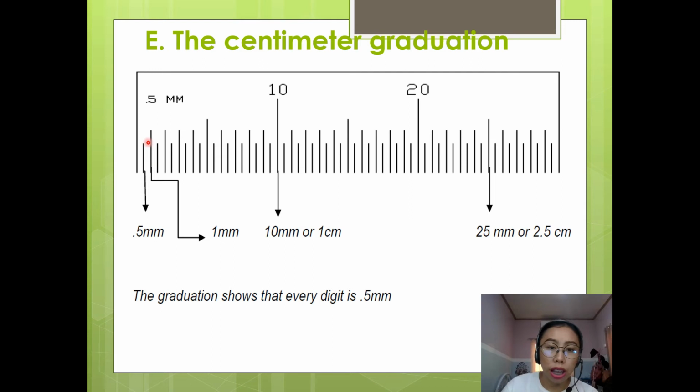And the longer line is equivalent to 1 millimeter. And the longest line is equivalent to 10 millimeters, and when you convert it to centimeter, it is equivalent to 1 centimeter. So that is how you read the centimeter graduation on your ruler. Let's say for example, the arrow here, the unit is 25 millimeters or equivalent to 2.5 centimeters.